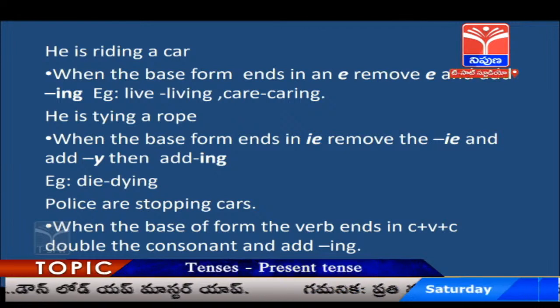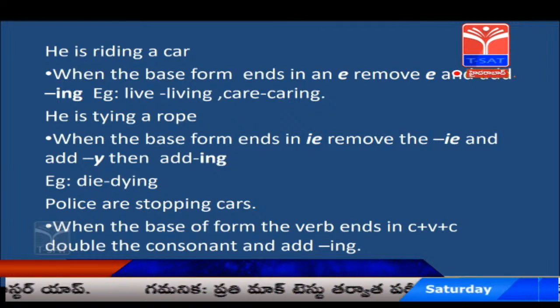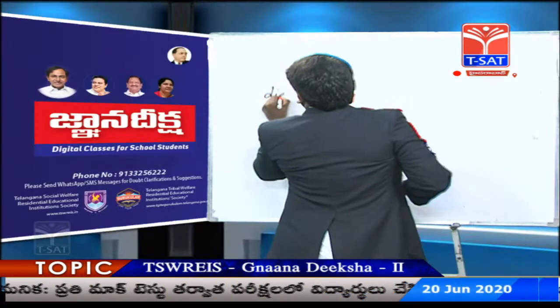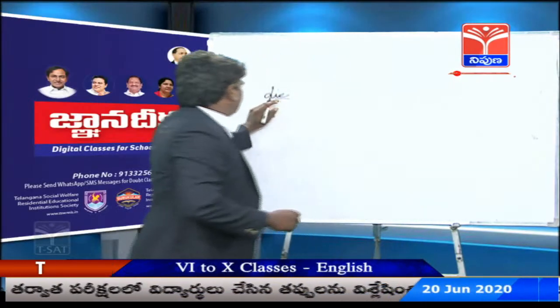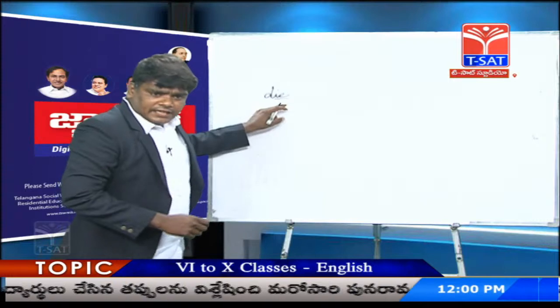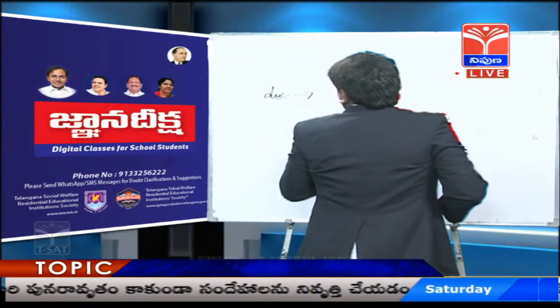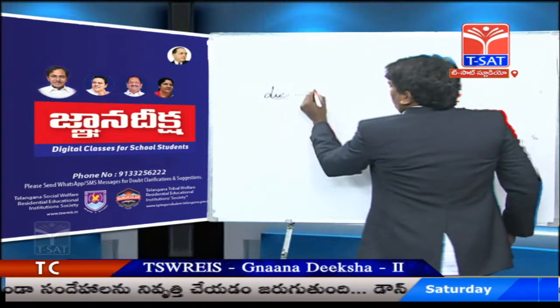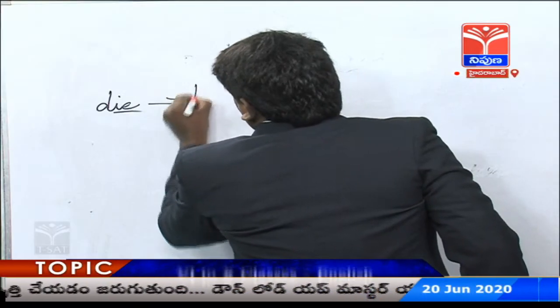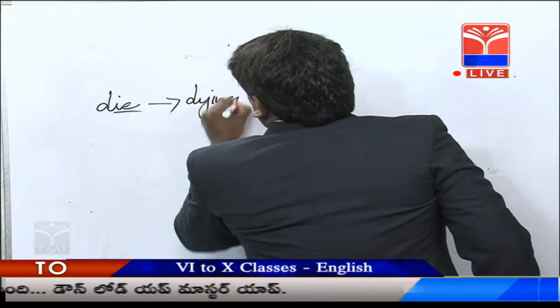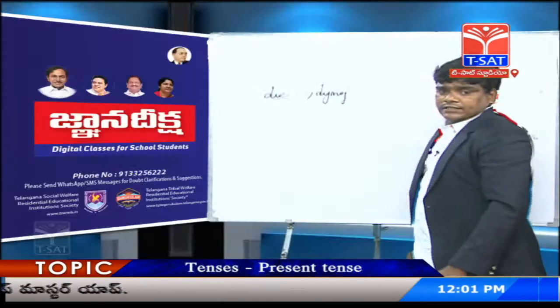For example, die. It is ending with ie. When we are adding ing, we need to drop ie, then add y and ing. We have to say dying.